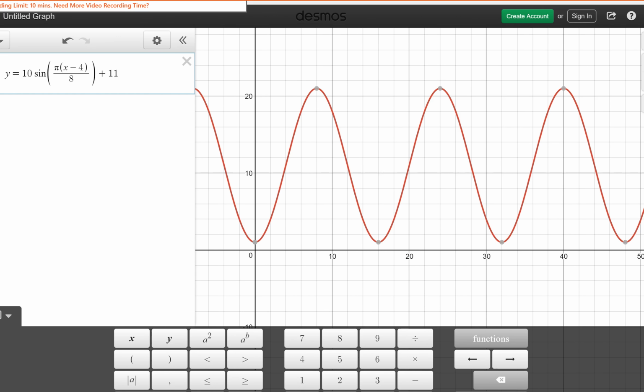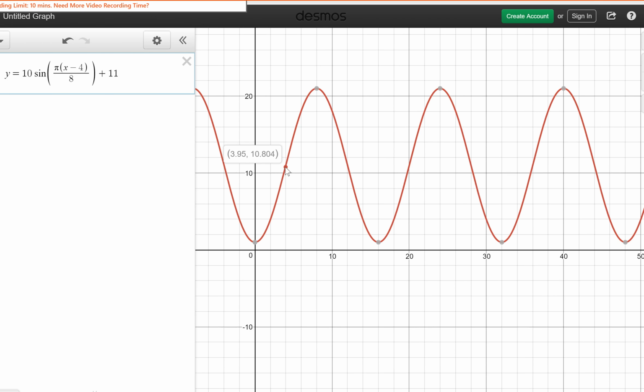So that's what your graph looks like. And at time 0 it will be 1 meter off the ground. After 4 seconds, it's 4 seconds just here, it should be 11 meters off the ground. And then what we're saying is at 12 it should also be 11 meters off the ground. What we just found.